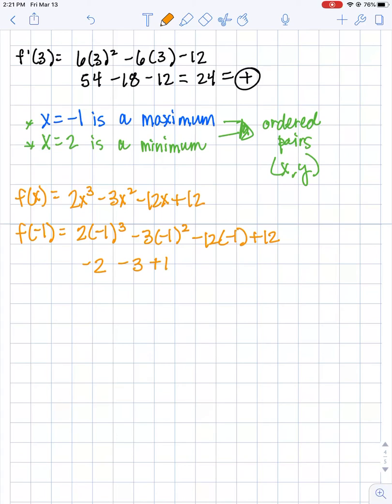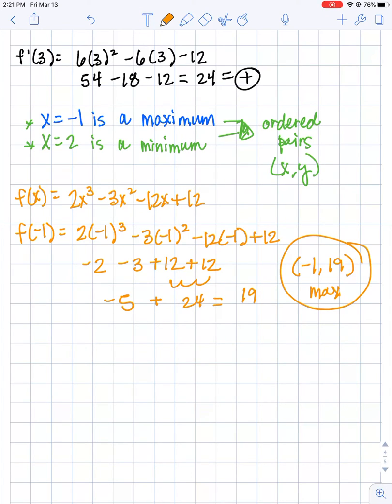Negative times negative is a +12, plus 12 more. So this is 24. This is -5. So put that together, you get positive 19. And so what's the ordered pair? (-1, 19) is a maximum. That's extremum 1.